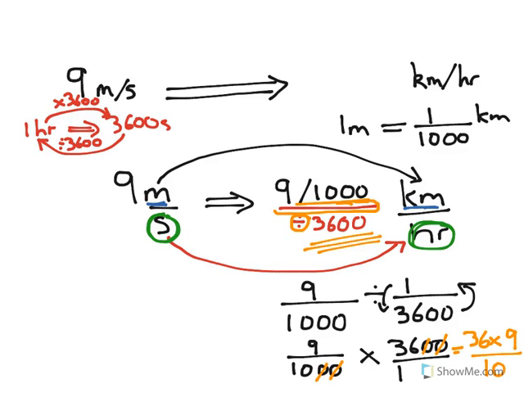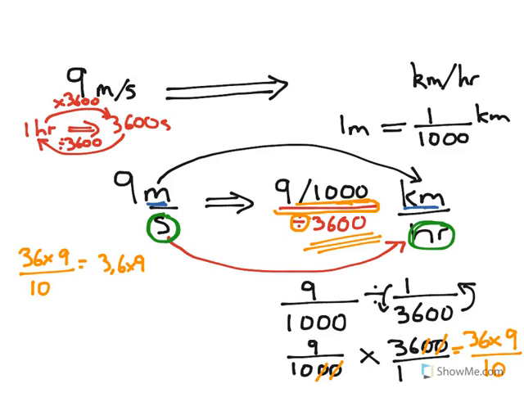So our speed of 9 meters per second actually ends up being, let's do it over here where we've got a little bit more space, 36 times 9 divided by 10. That's the same as 3.6 times 9.